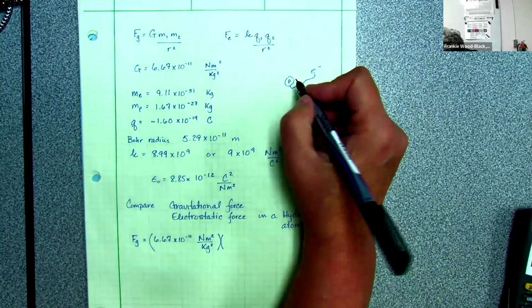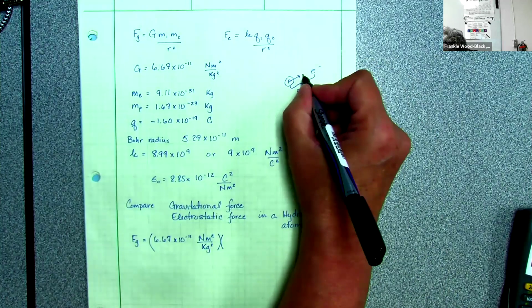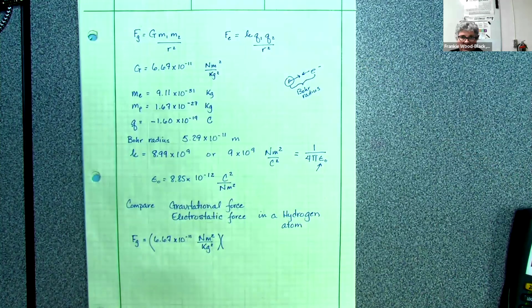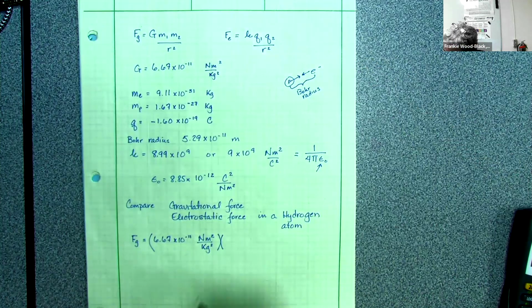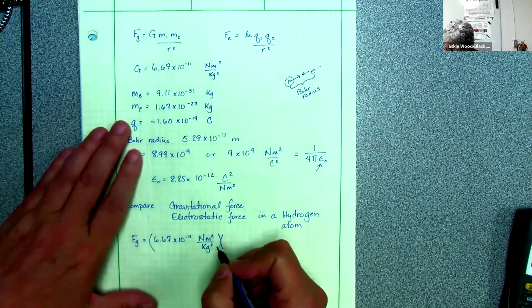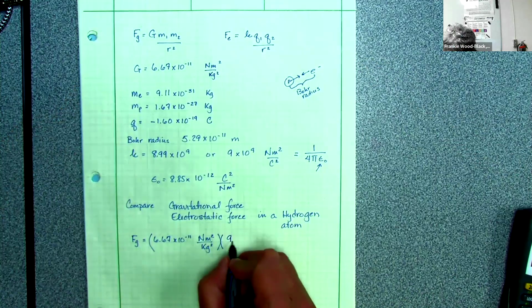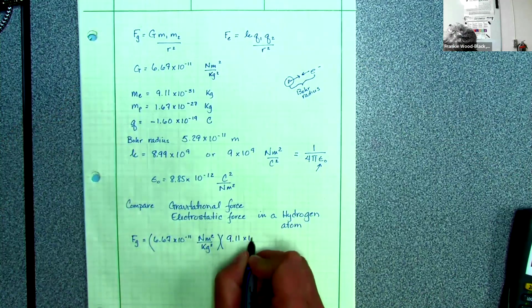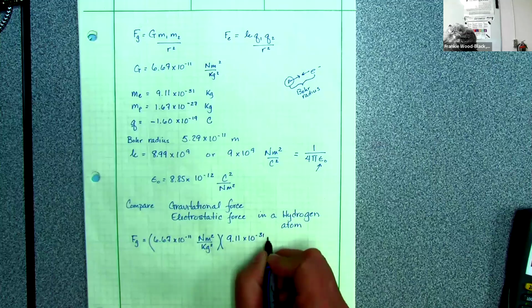Now, the direction of my force, remember we got direction of the forces, these are attracted to each other, and they're going to be pulling into each other. So this one, I'm going to have to use the mass of the electron, 9.11 times 10 to the minus 31 kilograms.